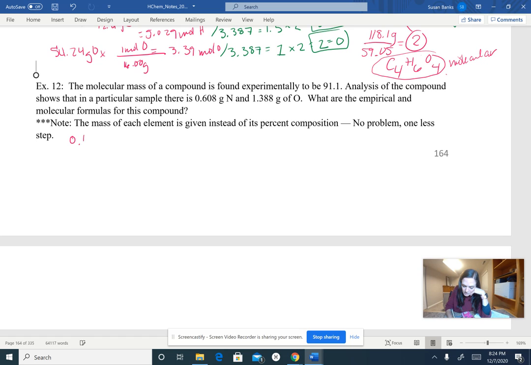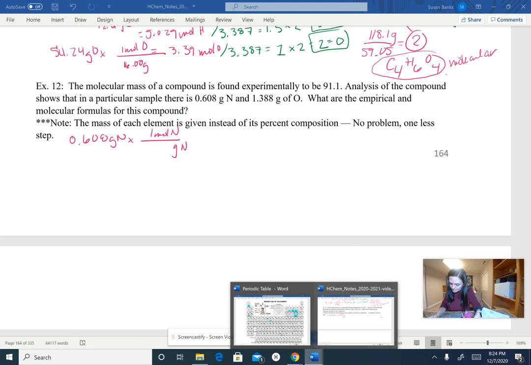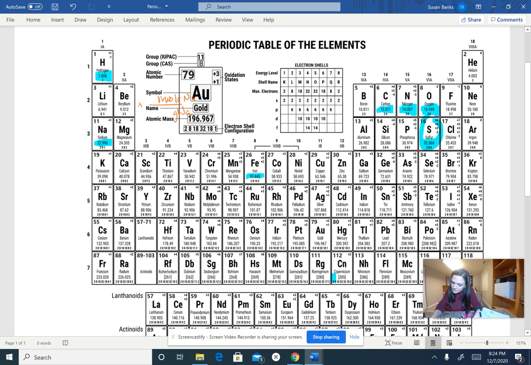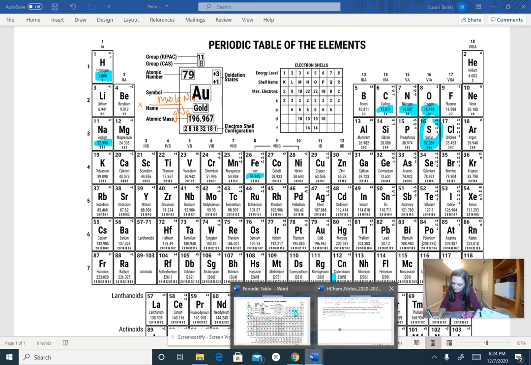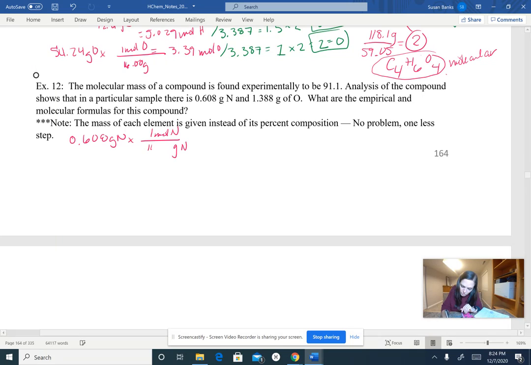So 0.608 grams of nitrogen. In 1 mole of nitrogen, how many grams of nitrogen do I have? Let's look at our molecular mass really quick. So nitrogen, 14.01. So I've got 14.01 grams.